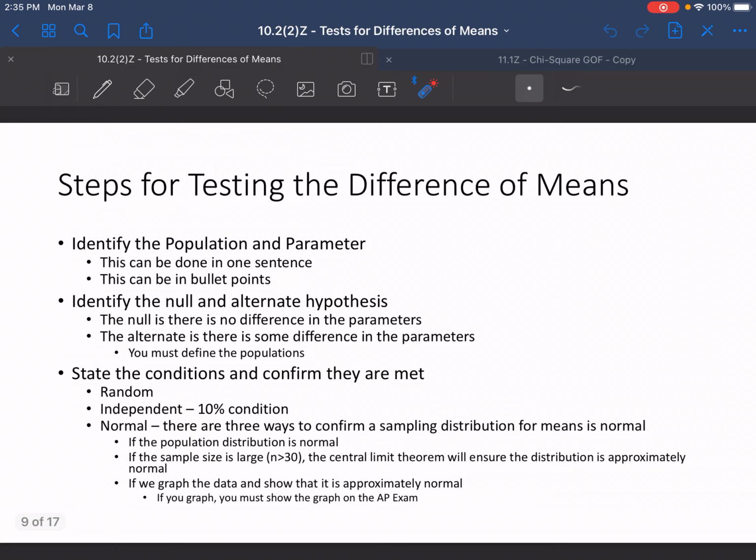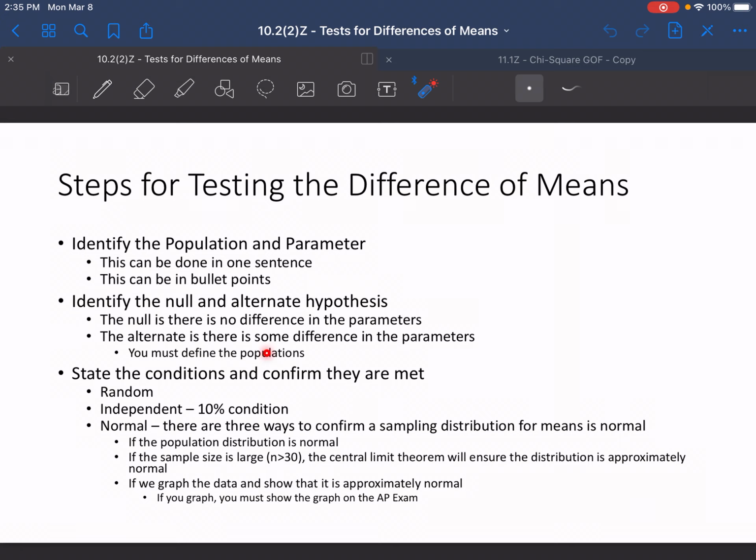So again, just like every other test that we've done so far, we have to complete the four-step process in order to do this. So I know that I need to identify the population or the parameter, basically, and this can be done in one sentence just to define what the parameter is. I also need to identify the null and alternate hypotheses, and the null is going to be that there is no difference in the parameters, whereas the alternate is that there's going to be some difference in the parameters.